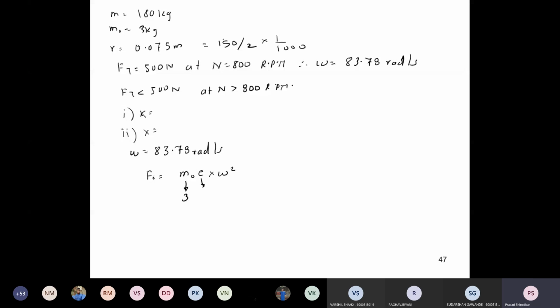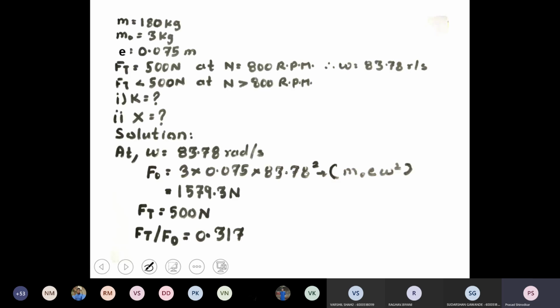I should write it as E actually, not R. So E is 0.075 and omega is this value, and this comes out to be 1579.3 newtons. Ft is 500 newtons. So Ft by F0 is equal to 0.317. Right. Now we'll do the graph of this. Any questions so far? Can I go to the next slide?